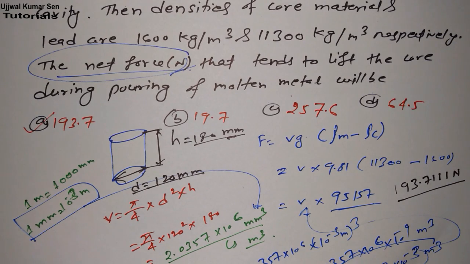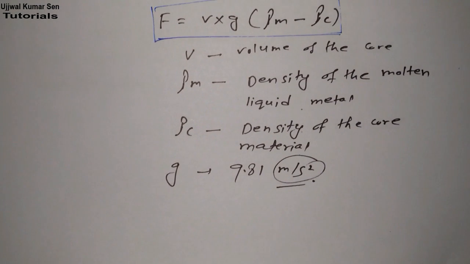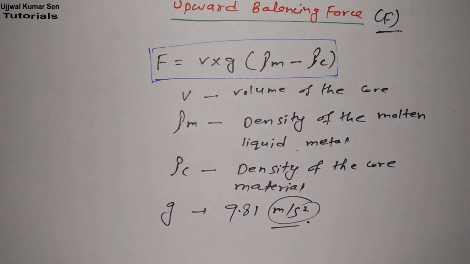Now let's overview this topic again, so that it stays in your mind for a little longer. If you do revision, watch my video or write down all these things on paper, that would be much better, because paper work is also important. Here is the formula again. What is the formula for upward balancing force?